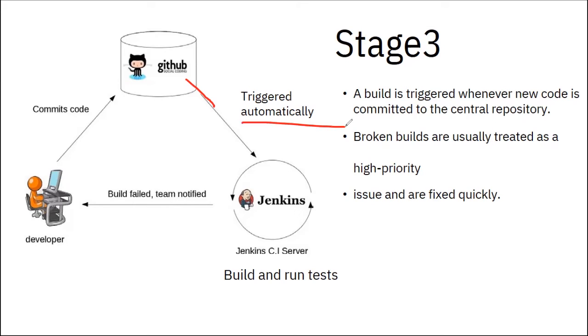If it is automatic, then in the CI tool you need to mention the periodic interval. If you mention this, then during this interval the CI tool will keep going and checking, hey, do you have any changed code? These questions will be asked by the CI tool. If it gets any reply during the analysis, this process will automatically start.